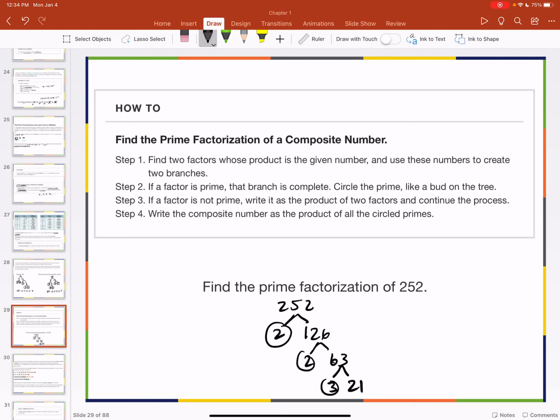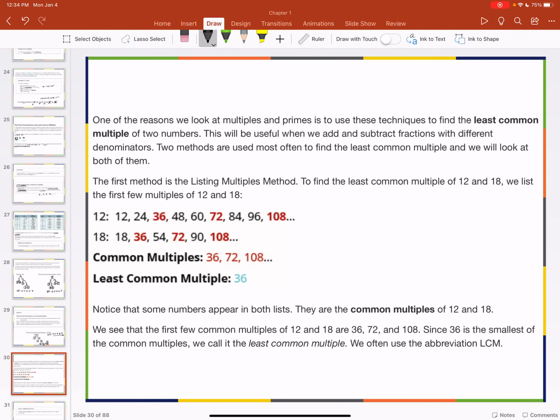And then 21 is just 3 times 7. Oops, I'm just over here, 3 and then 7, because for some reason it doesn't let me draw. So the prime factorization of 252 is 2 times 2 times 3 times 3 times 7. Notice that I go from least to greatest, counting repetitions.